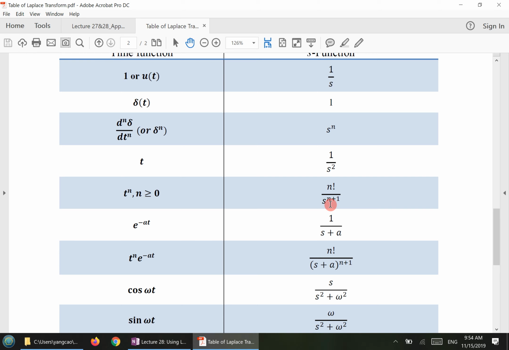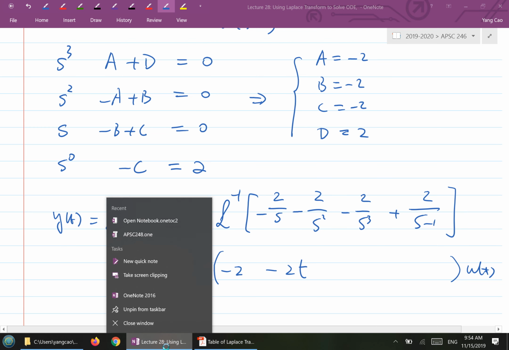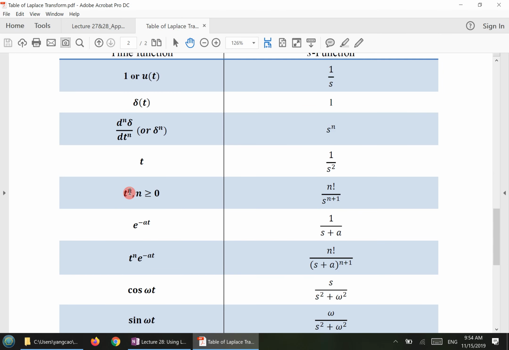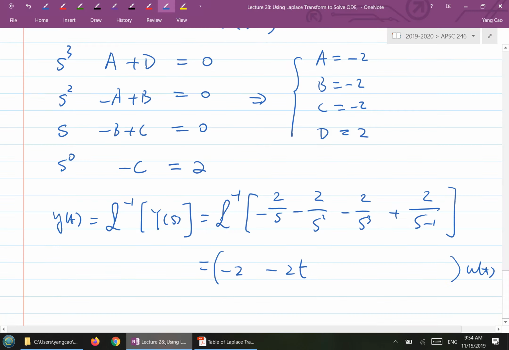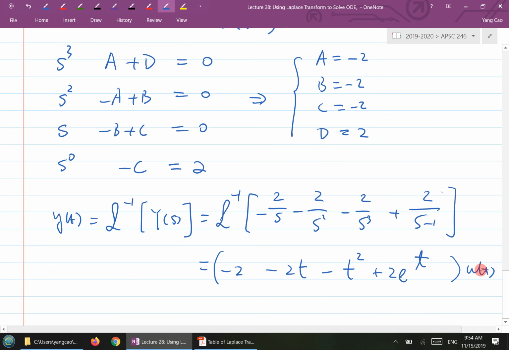When n equals 2, you have s cubed here, and you have a 2 factorial here. 2 factorial is 2, so 2 over s cubed is t to the power of 2. And then the inverse of this is 2 times e to the power of positive t, because this is s minus 1. So you go back to here, and finally times u of t.